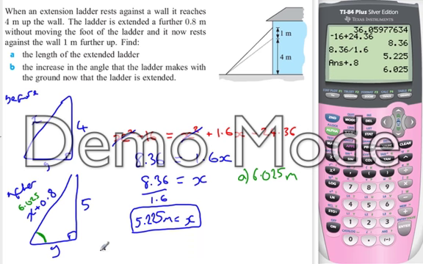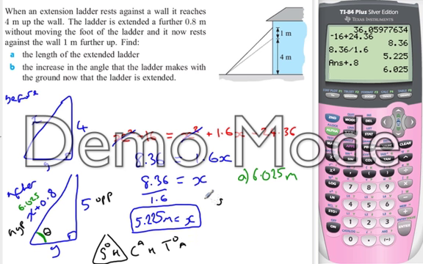So let's just have a think. SOHCAHTOA. I have the longest one, so this is the hypotenuse, and I have the one on the other side of the angle, so this is the opposite side. So the one with hypotenuse and opposite is sine. So call this angle theta.